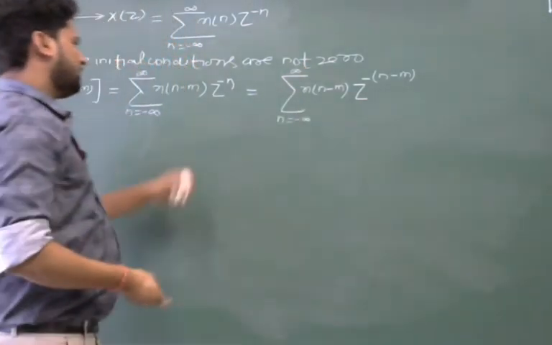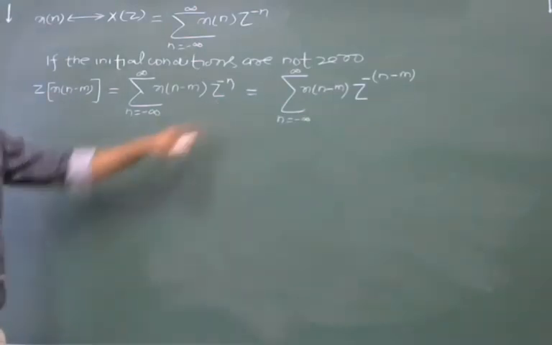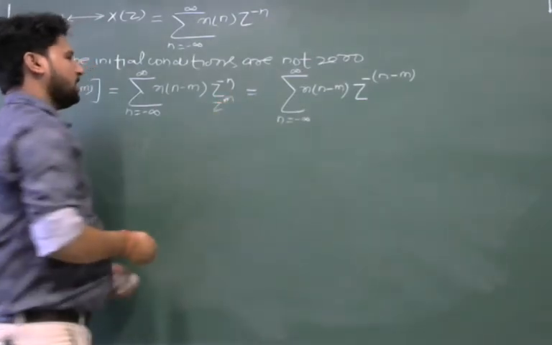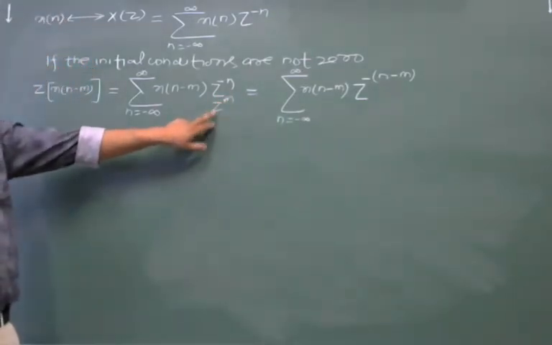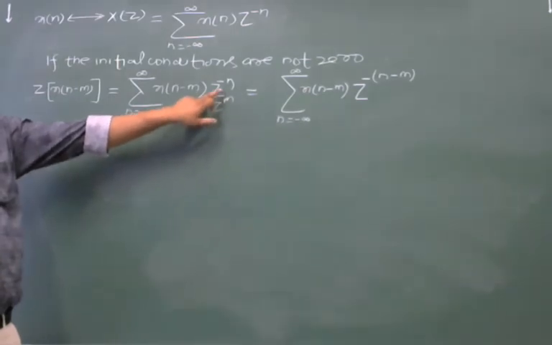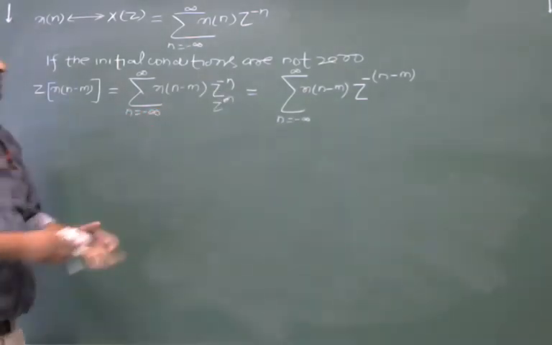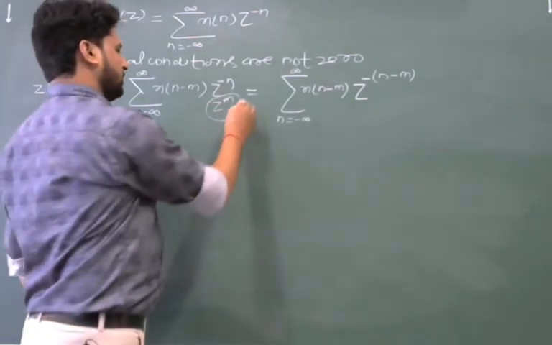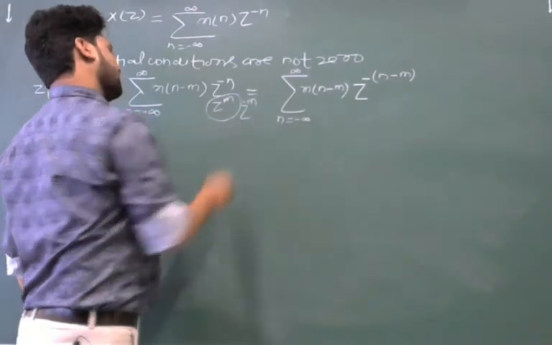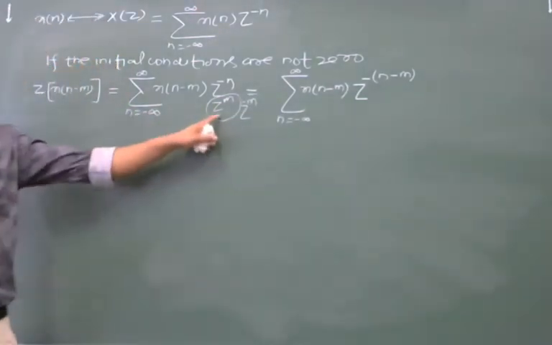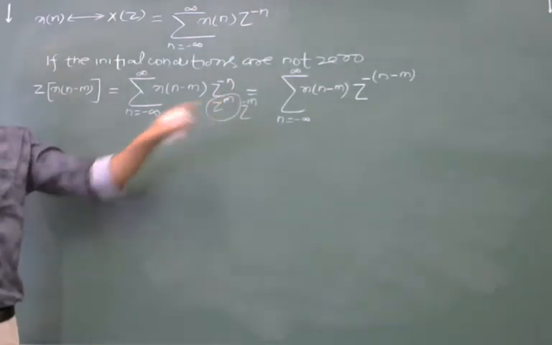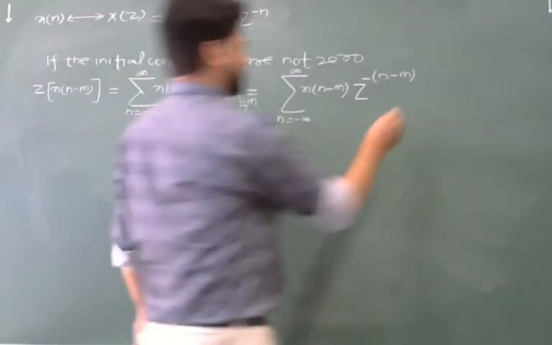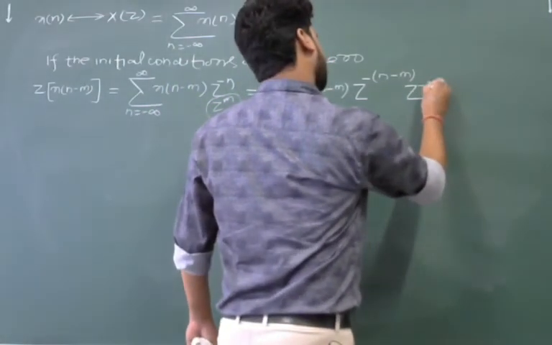It means that we have multiplied this with z power m. If we multiply this with z power m, this will become z power minus n minus m. So because we have multiplied with z power m, we have to multiply with z power minus m also, so that this will become z power 0, means 1. We are multiplying with 1 in this relation. So I will put here an extra z power minus m.